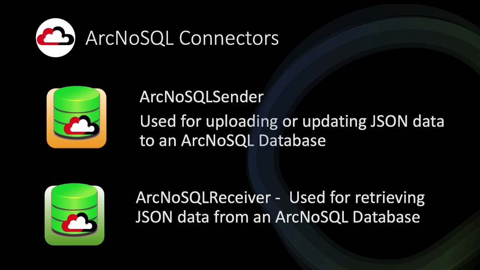The first one is the Arc NoSQL sender, which is used for uploading or updating JSON documents to an Arc NoSQL database. And the second connector is the Arc NoSQL receiver, which is used for retrieving JSON data from an Arc NoSQL database. So let's start.